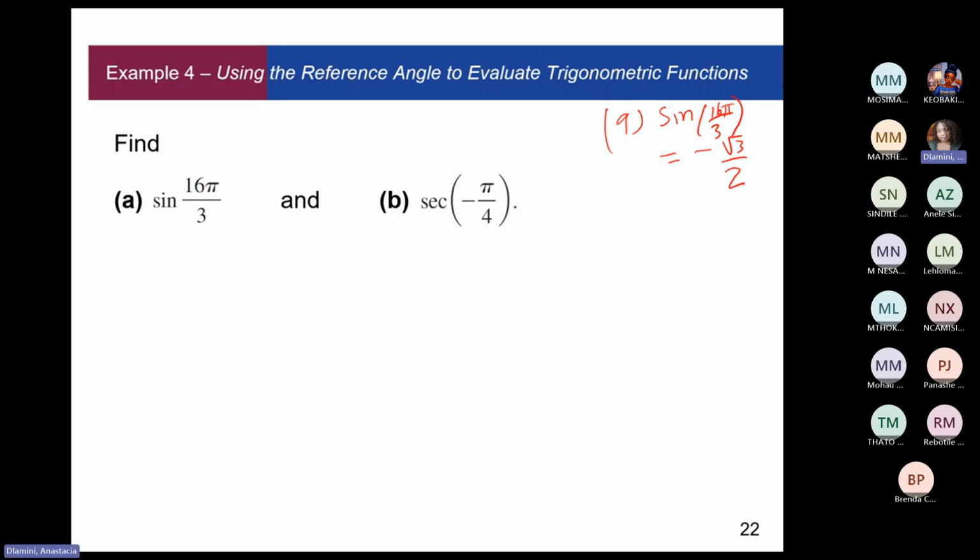And then B, sec negative pi over 4. The answer is sec, not sine.